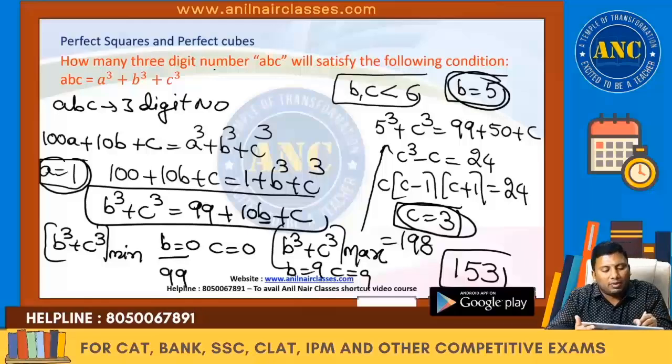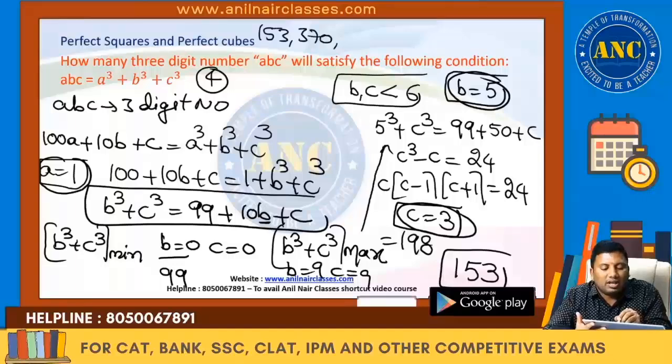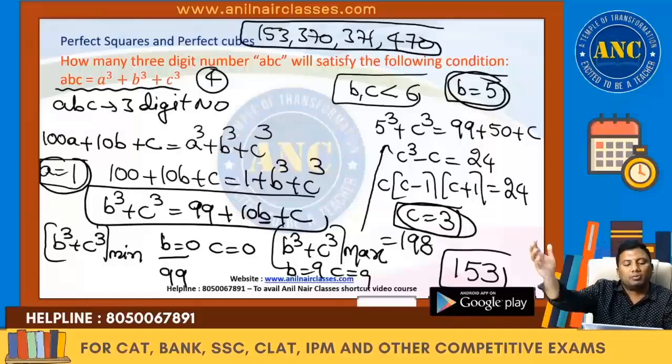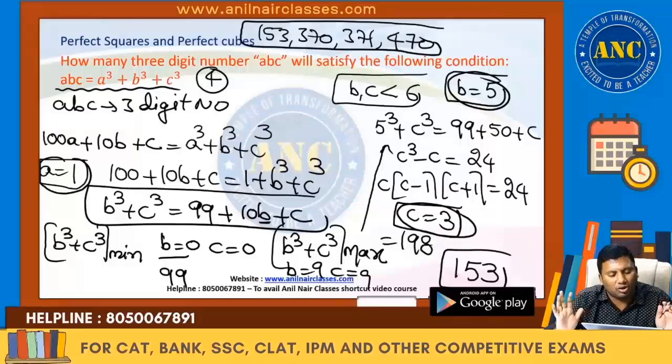There are 4 numbers that satisfy the property and are called Armstrong numbers: 153, 370, 371 and 407. These are the 4 Armstrong numbers which satisfy this property: ABC equivalent to A cube plus B cube plus C cube. Very, very good question. It is one of the first few C programs which you will write when you enter the first year of engineering.